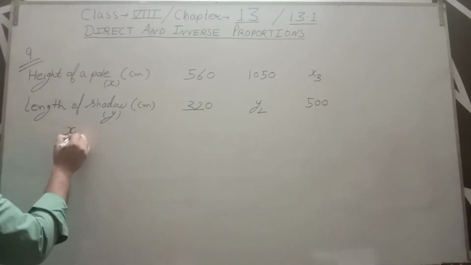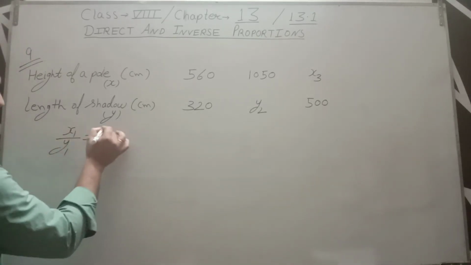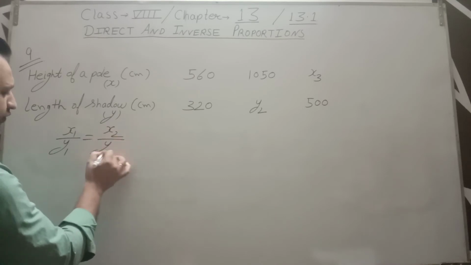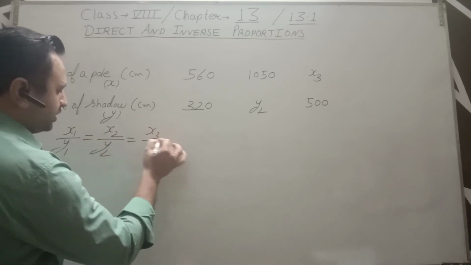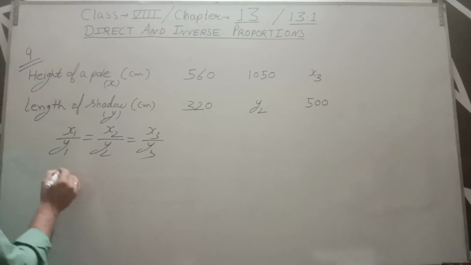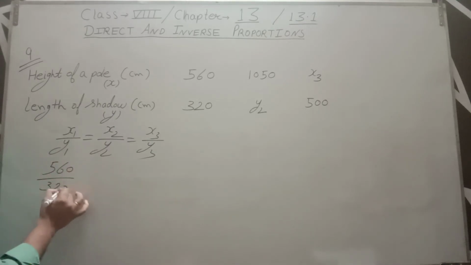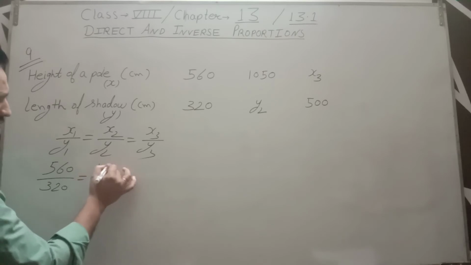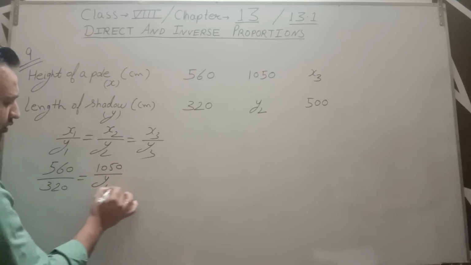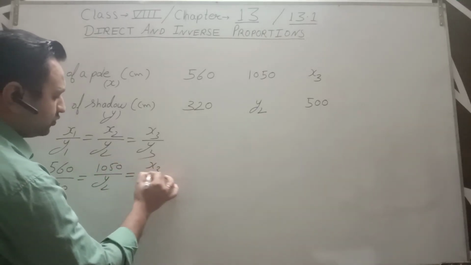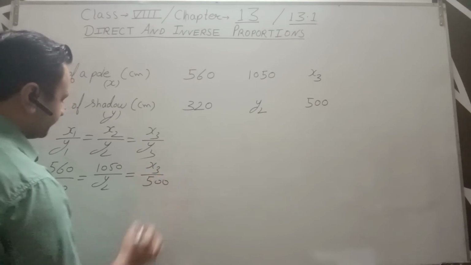Yes, x1 upon y1 is equal to x2 upon y2 is equal to x3 upon y3. Now put the values: 560 upon 320 is equal to 1050 upon y2 is equal to x3 upon 500.